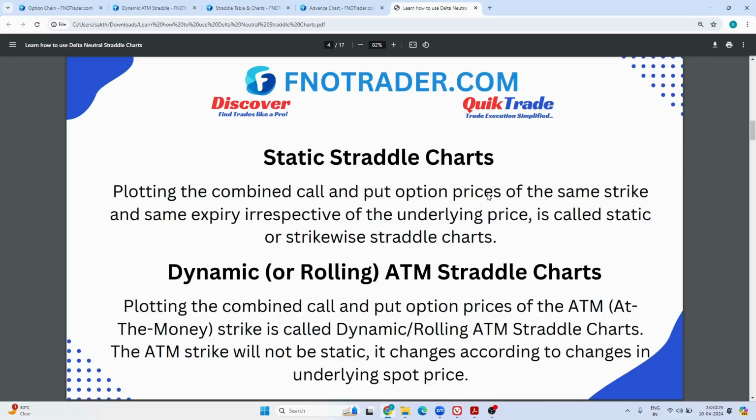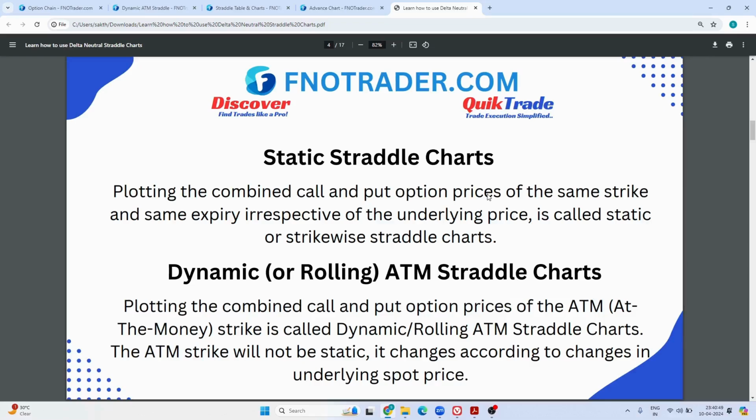The next one, which is a very interesting one, is called a dynamic or rolling ATM straddle chart. How do we get this rolling ATM straddle chart? Let's say we take the ATM strike. The ATM strike keeps changing, right?